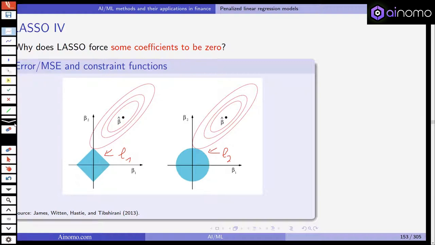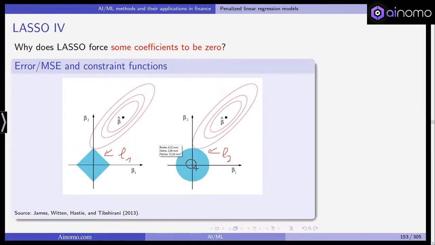Now, to show you what happens with ridge regression, for example, if we only allow these coefficients, then we are looking for a minimal RSS on the border of the sphere.